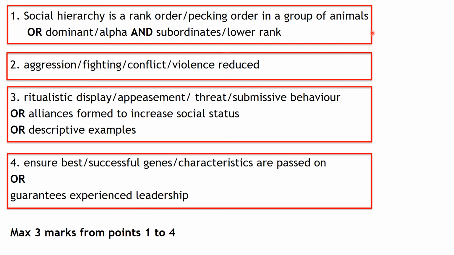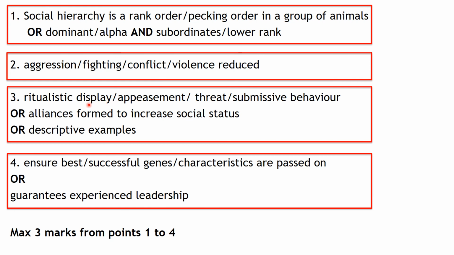So the first part of this definition: social hierarchy is a rank order, or a pecking order, within a group of animals, where you've got dominant and subordinate animals. Number 2, you have aggression, fighting, conflict or violence, which is reduced as a result of social hierarchy.